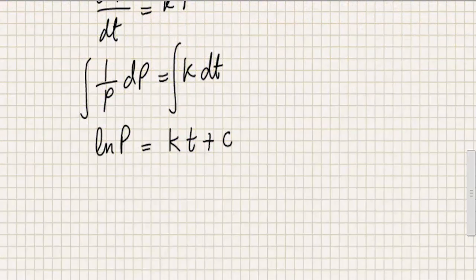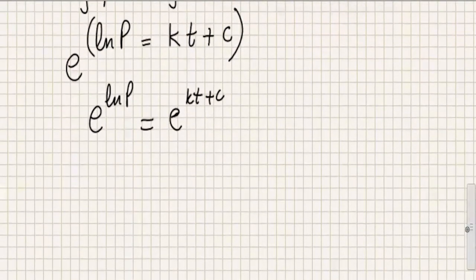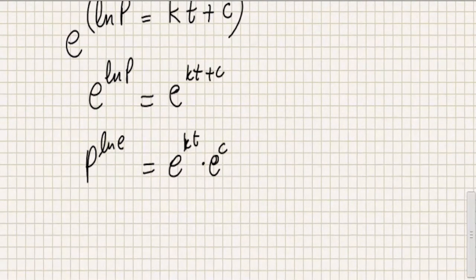So how do we get rid of this natural log? Because we would like to have a solution in terms of P only, we make both sides a function of exponent e. On the left hand side we get e to the power natural log of P, equal to e to the power kt plus c on the right hand side. Using a property of logs, we can write it as P to the power natural log of e equal to e to the power kt, separating the exponent.